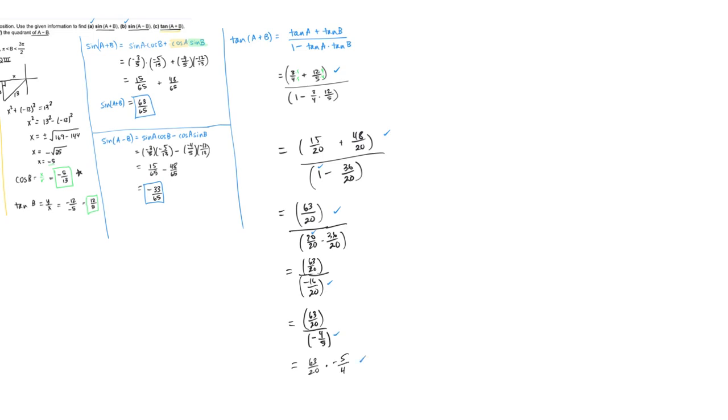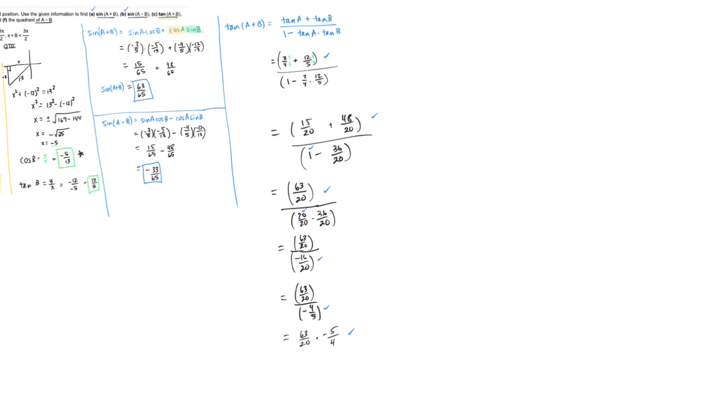And then finally, this all simplifies. Let's see, negative 5 goes into 16 negative 4 times. So this would be negative 63/16. And that, my friends, is tangent of A plus B.